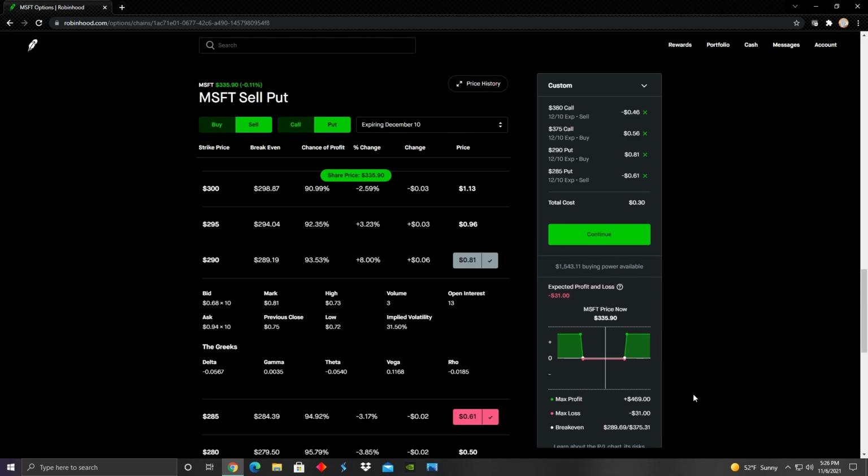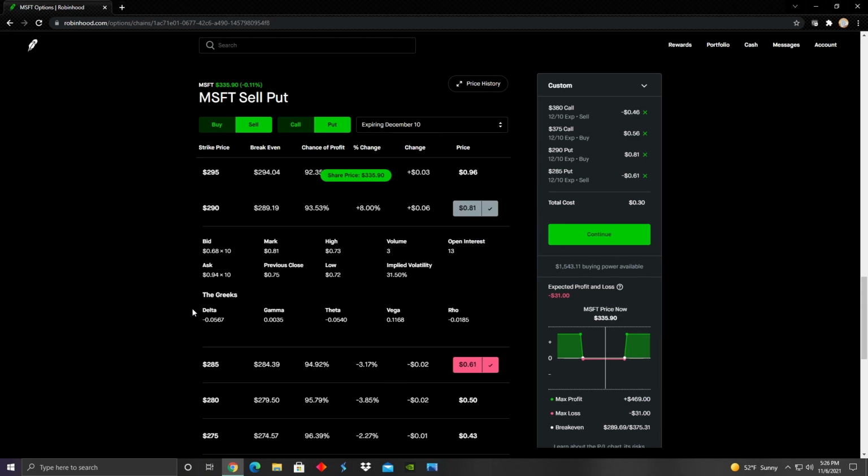So let's say it dropped to, I don't know, like if it drops from 290 to like 286, for example, then we would make $369 because we're $1 off from our max profit, and $1 times 100 is $100. So if this share price drops to $286 per share, then we'll be sitting at a $369 profit on expiration date.